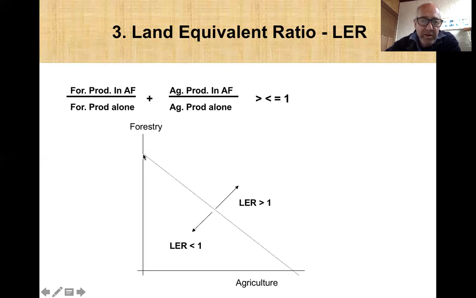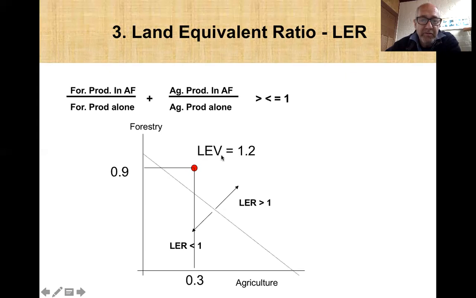So looking at the joint production function, if you put a straight line between forestry and agriculture, in terms of this is 100% agriculture, this is 100% forestry, and you start adding that. Anything that's out above this, the land equivalent ratio will be greater than 1, and anywhere down here it's less than 1. And I'll use a couple of examples to illustrate that.